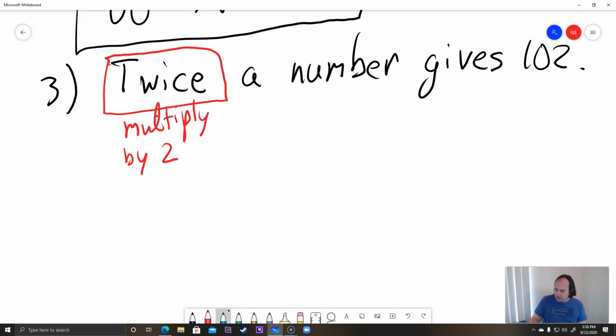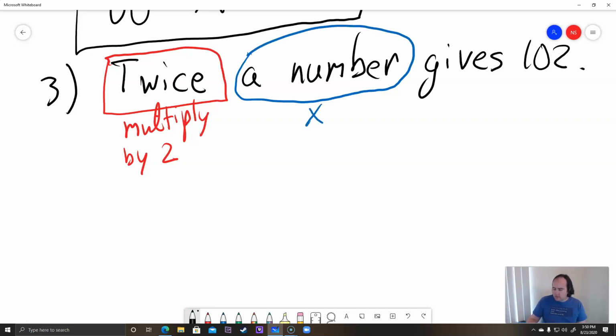Okay, and we already know that a number translates as x. So twice a number means 2 times x, or 2x. So we get 2x, and then the word gives. Gives is just like the word is, was, or in the previous example, amounts to.